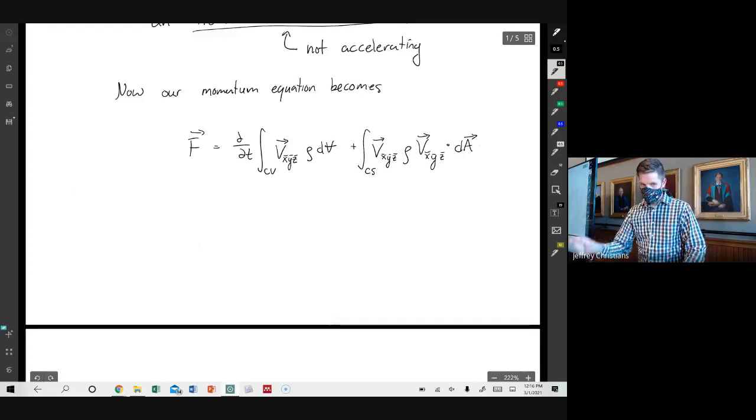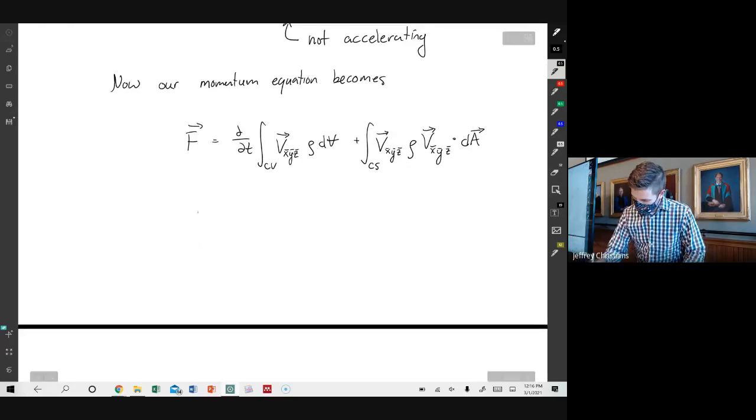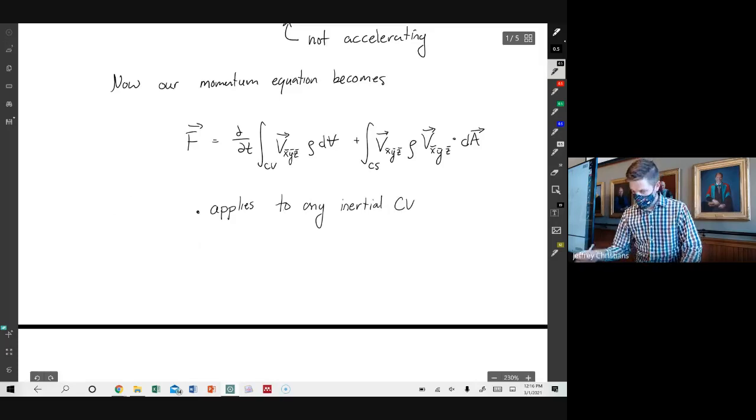Okay. So this applies to any inertial control volume, right? So that would be the velocity of the reference frame is constant.